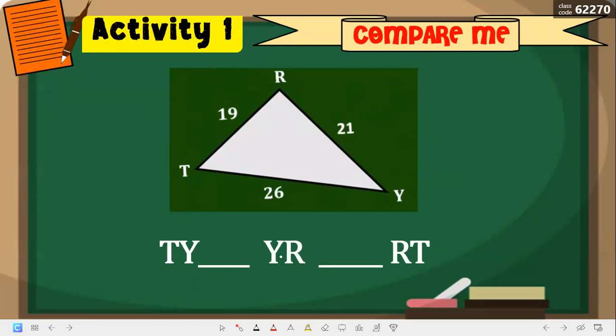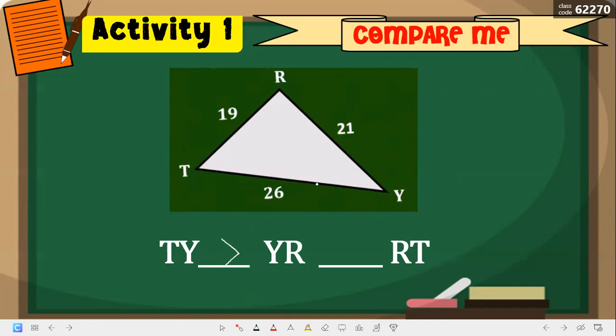For example number 3, we're going to compare TY, YR, and RT. Here, TY is 26, YR is 21, and TR is 19. So obviously, TY is the longest side. Therefore, TY is greater than YR.